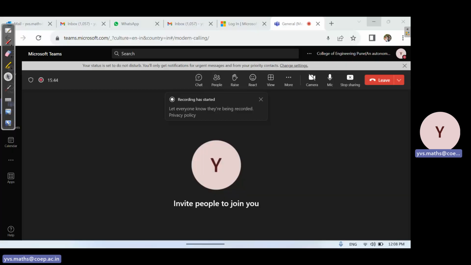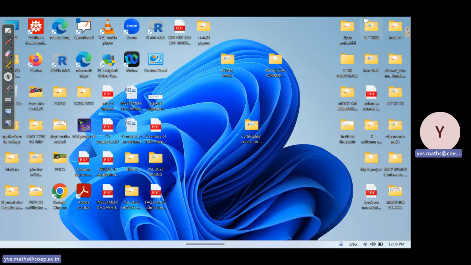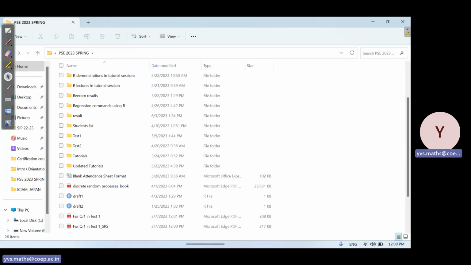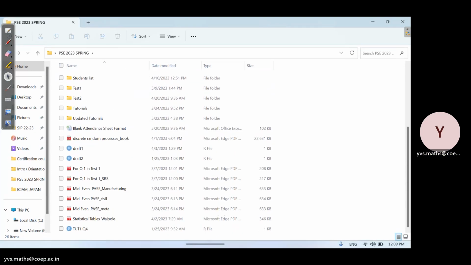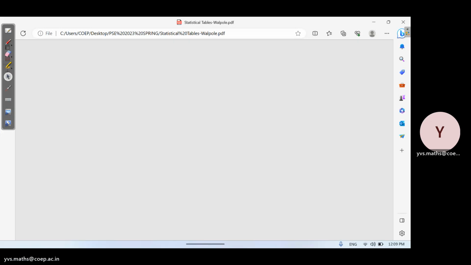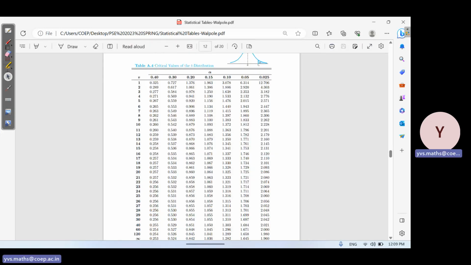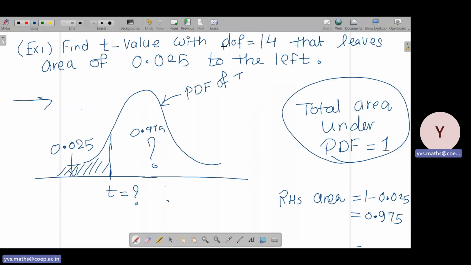Let me now tell you how to make use of statistical tables. Let me open my PDF of statistical tables. Here you have the t-distribution table, and we have 14 degrees of freedom, which is given in the example.